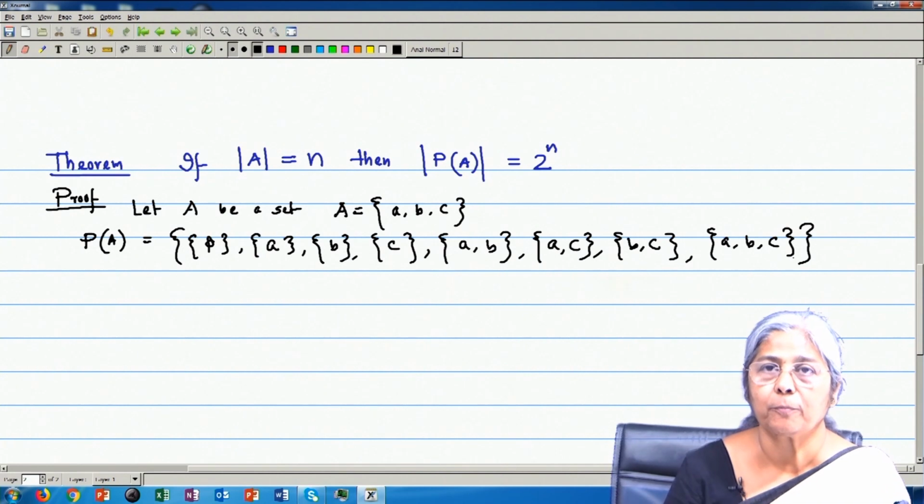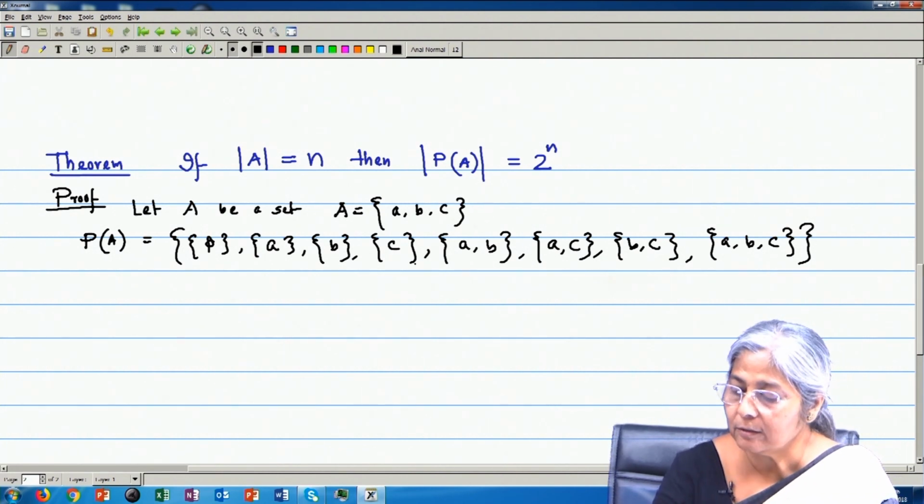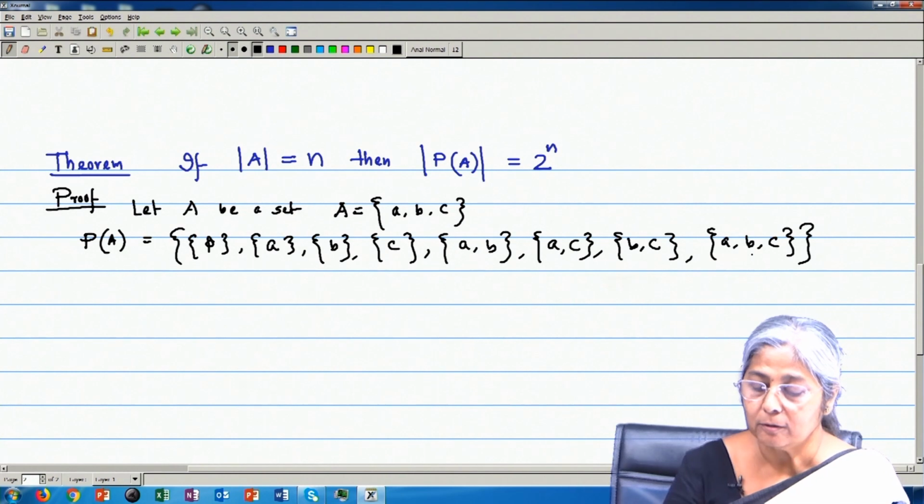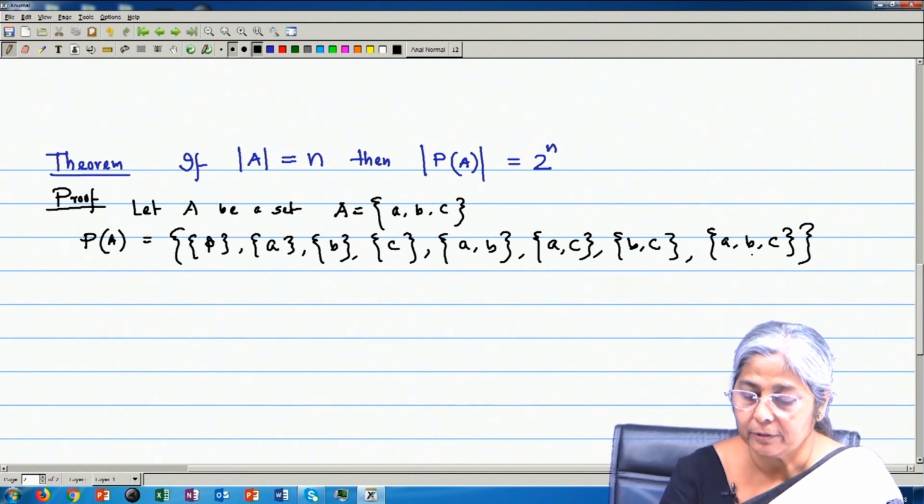Now we see some properties. These are all the subsets of A.